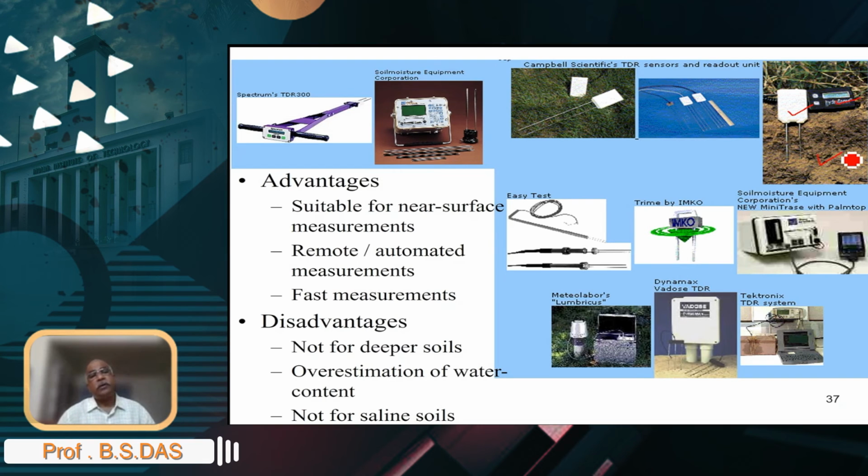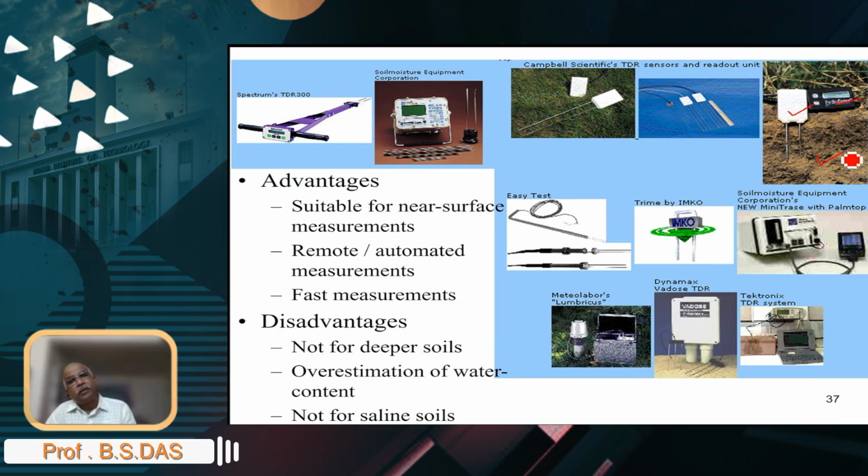One of the other big things is that, because of their electrical nature, if you have salt-affected soils, you ideally need different kinds of calibration. Of course, the major constraint is the cost. Even today, time domain reflectometry meters are expensive.